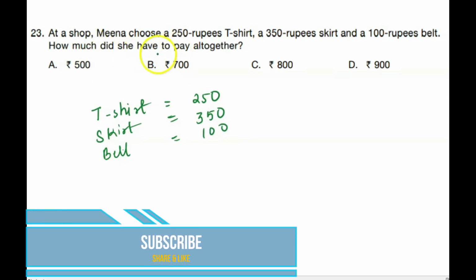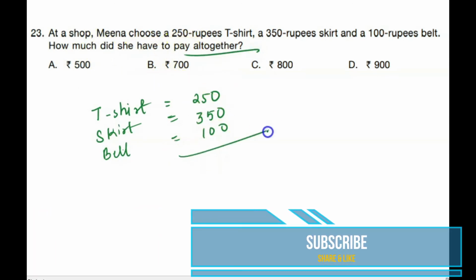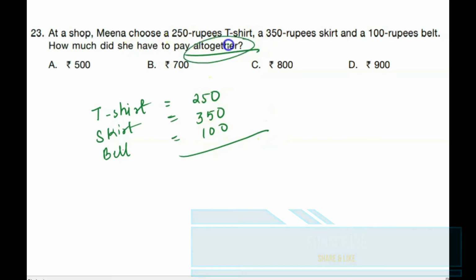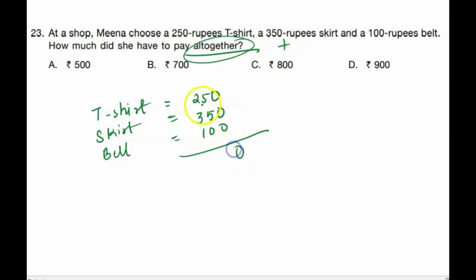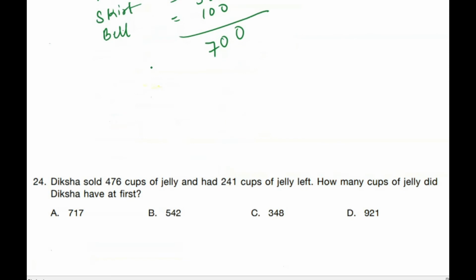How much did she have to pay altogether? That means we need to add. Altogether means plus. 0, 5 plus 5 is 10, 2 plus 1, 3, 3 plus 3 is 6, plus 1, 7. She has to pay 700 rupees altogether. Option B for question number 23.